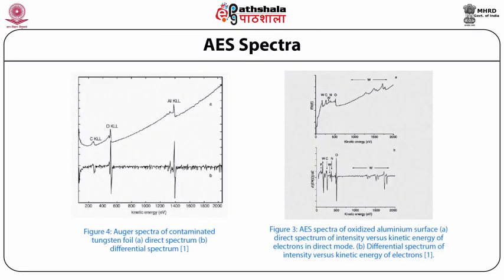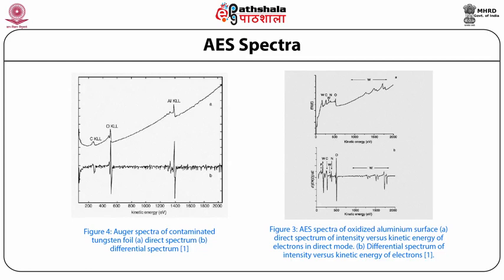The AES spectra. A typical AES spectrum is a plot of intensity versus kinetic energy. It is a plot of the first derivative of intensity versus the kinetic energy. The Auger peaks appear small against the background of the direct mode spectrum.